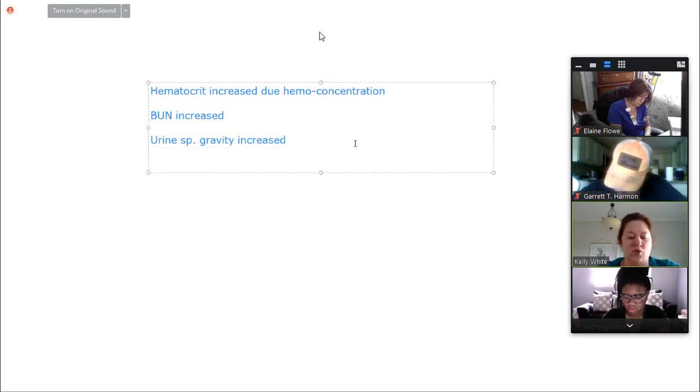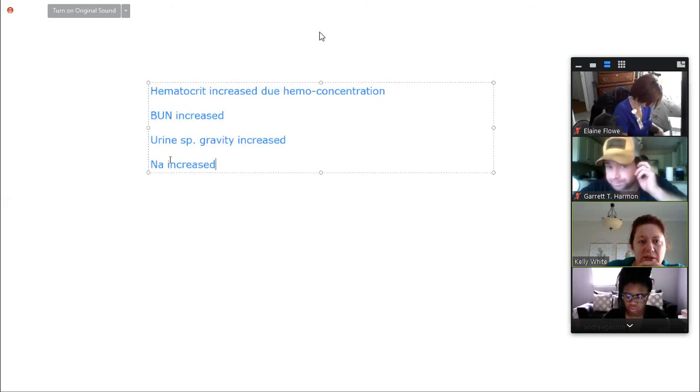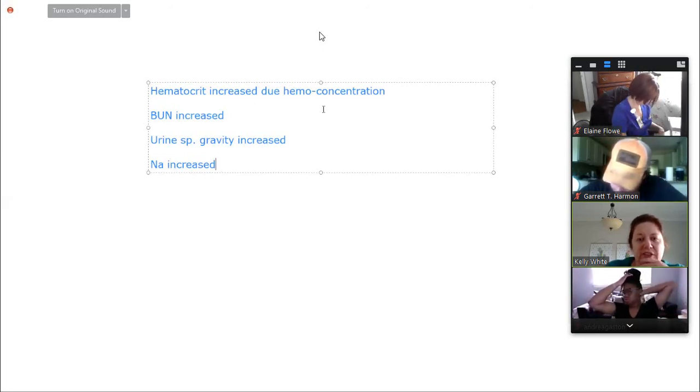And then your sodium level is also going to be increased. And that's just because of your sodium being concentrated as well. So when you're dehydrated, if you notice, all your levels here are going to be up. Okay, and they're all going to be raised levels because you don't have enough fluid volume. So everything's concentrated. Okay.